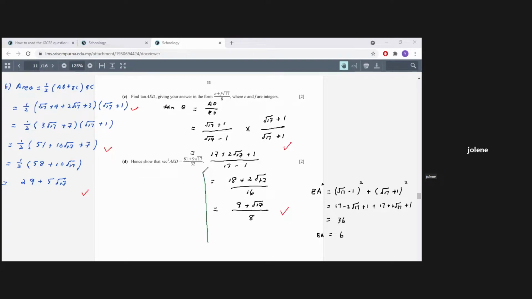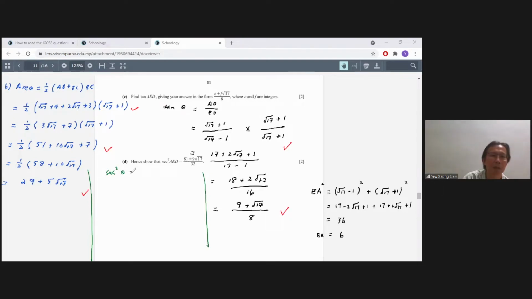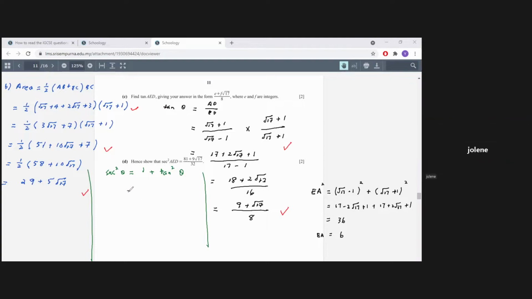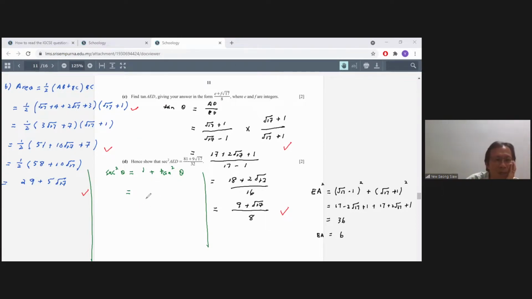Secant square equals to 1 plus tangent square. How do you know? It's one of the identities. From the formula sheet, go to the formula sheet and copy. So it's correct. So continue.